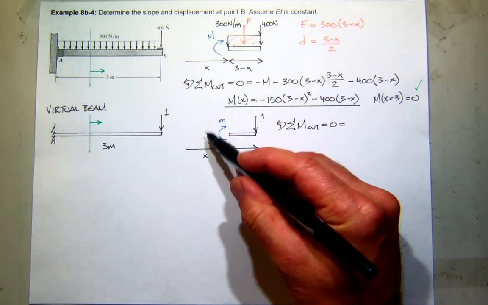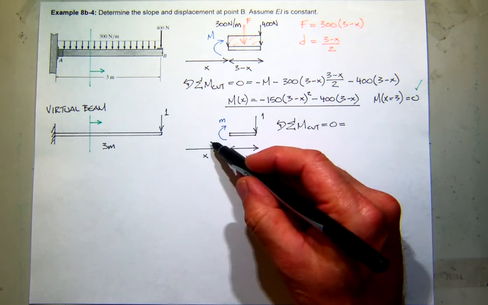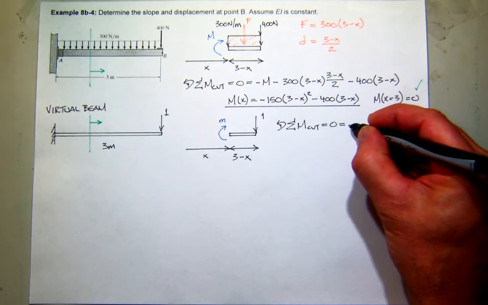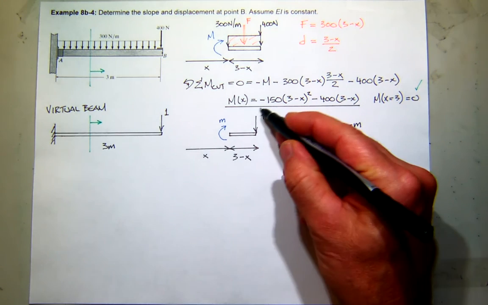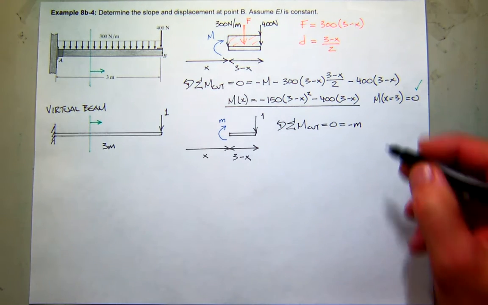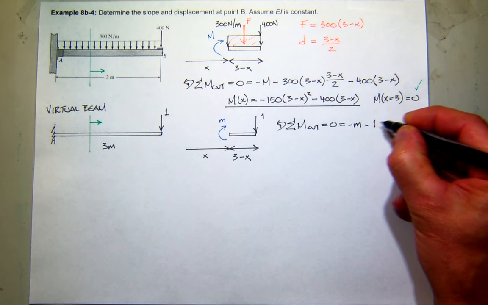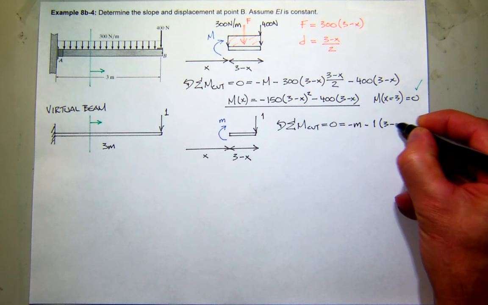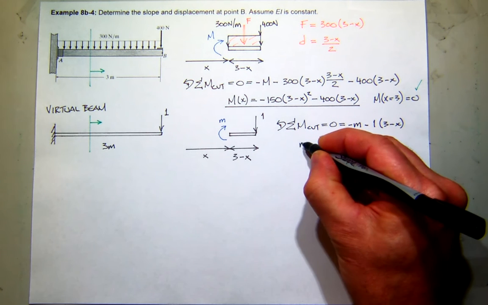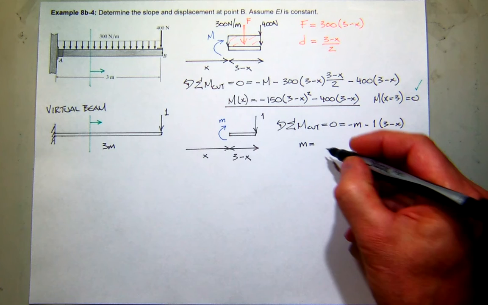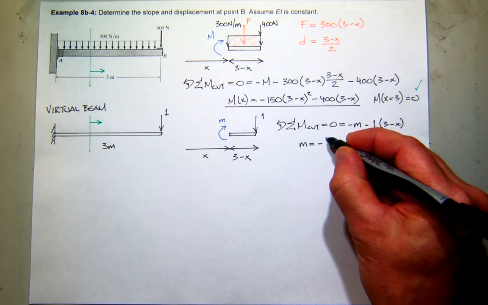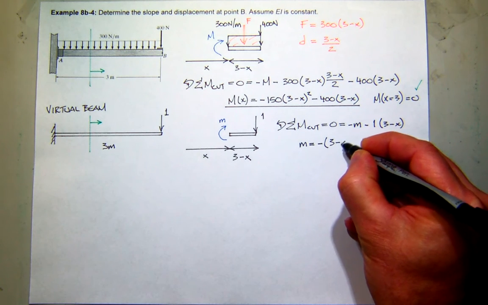Well, the moment is, with this sign convention, positive or negative? Negative. The moment of the virtual force about the cut is negative. So it has a value of 1 and a distance of 3 minus x.